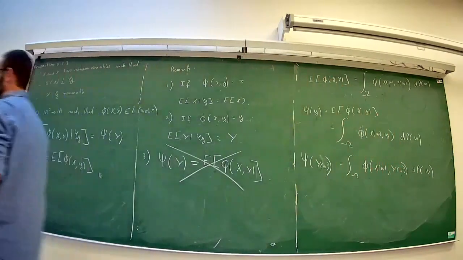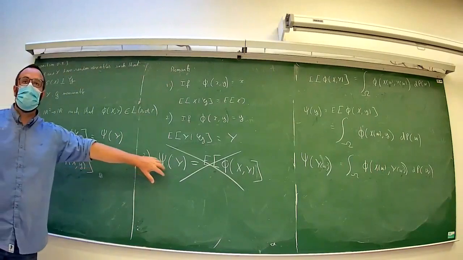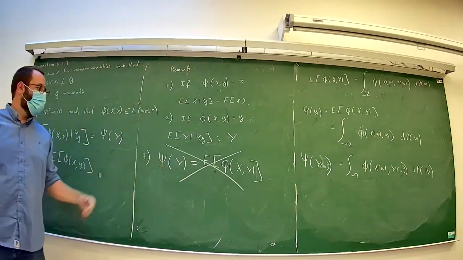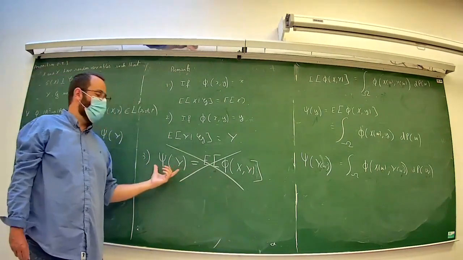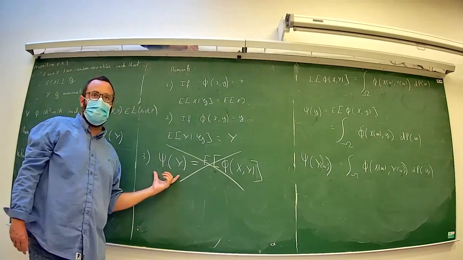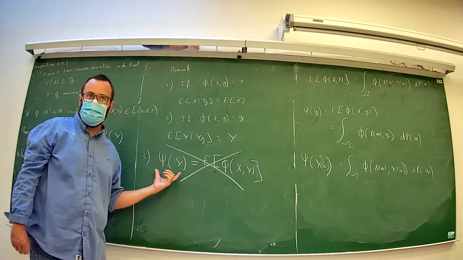So this equality is not okay. One is a number, one is a random variable that is a priori not constant.